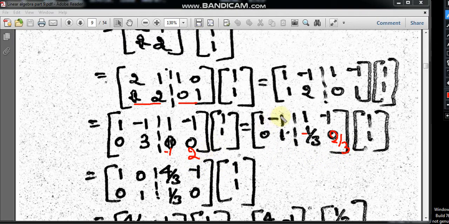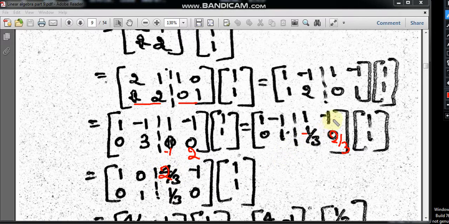And now I have to make this 0, so I'll just add R1 and R2. So if I add R1 and R2, 1 plus 0, 1, and minus 1 plus 1, that becomes 0, and minus 1 by 3 plus 1 by 3, this becomes what? If I'm just adding, 1 minus 3, minus 1, 2 by 3.